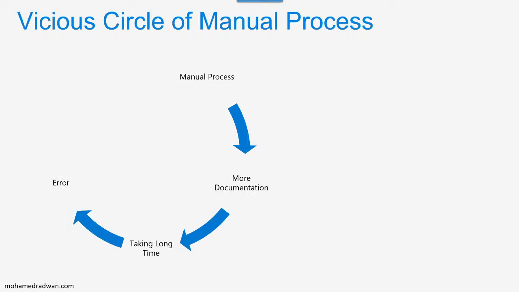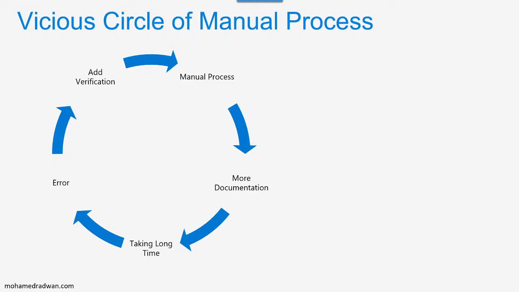So let's understand how this happens. If we look at the manual process, you usually need to document it well so you can understand exactly what the steps are. Then it takes a long time to implement this documentation. And then at the end, it has errors, which make you add more verification to the document and the process, which increases the process, ending up with more documentation, taking more time, more errors, adding verification.